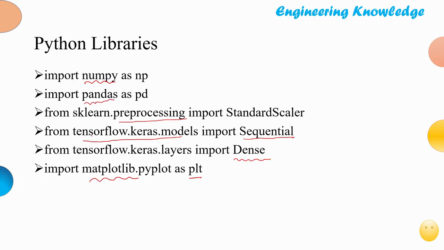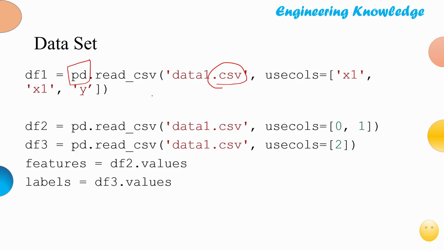We imported pandas as pd here. You can see, right? So we'll use this read_csv command to take our CSV file, and the columns are, suppose, x1 and y, and we are performing x1 into x1 is equal to y. So basically it's x square.